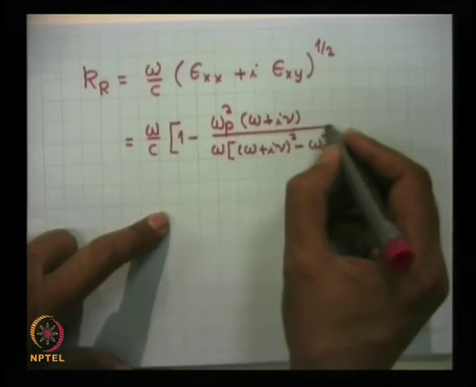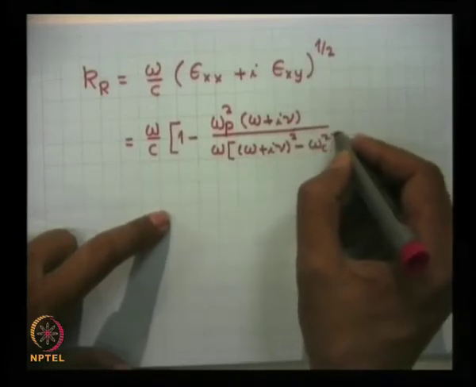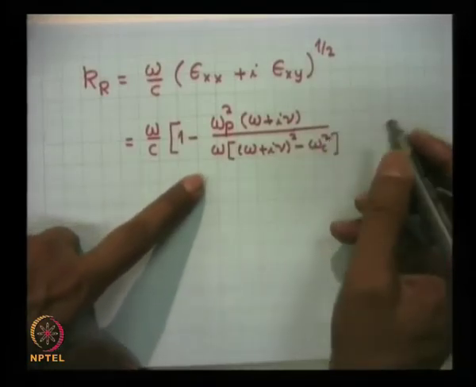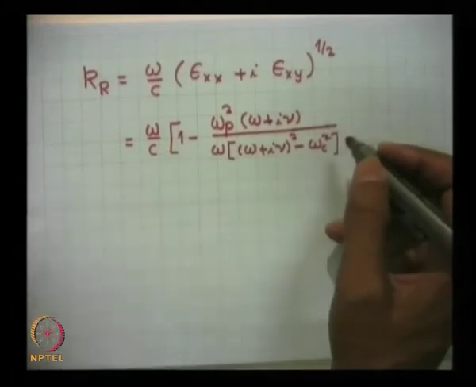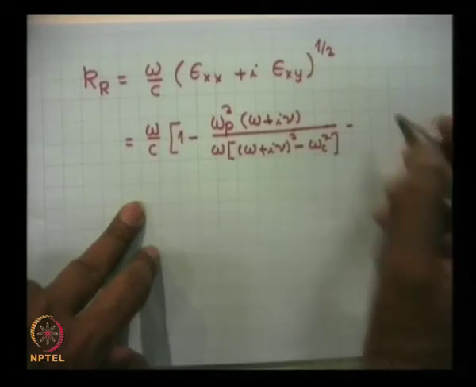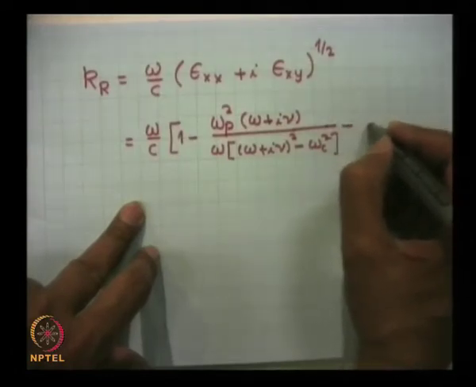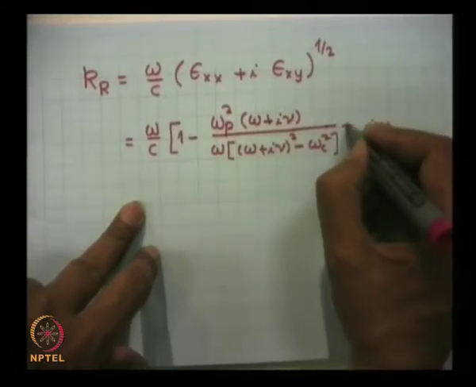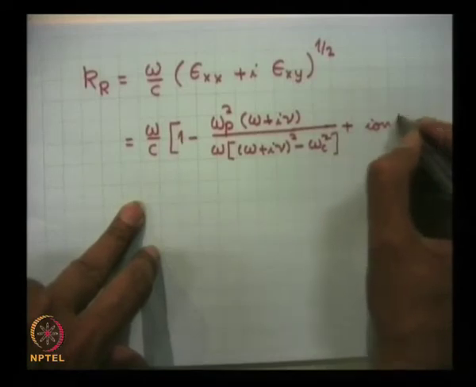Let me write down the terms. There was a similar ion term. For the moment, suppose I ignore the ion term. It's very similar. Let me just call this the ion term.